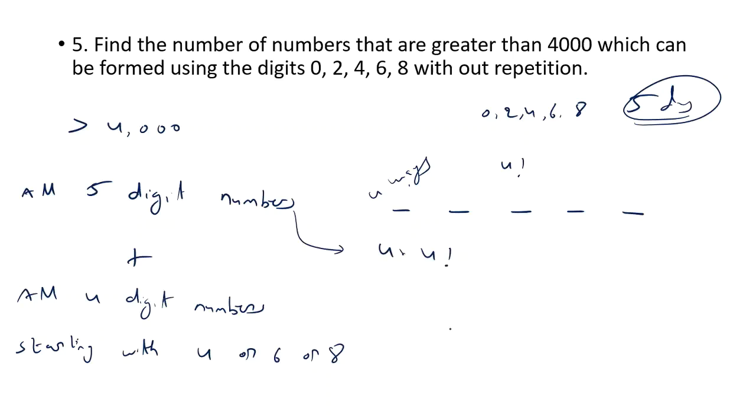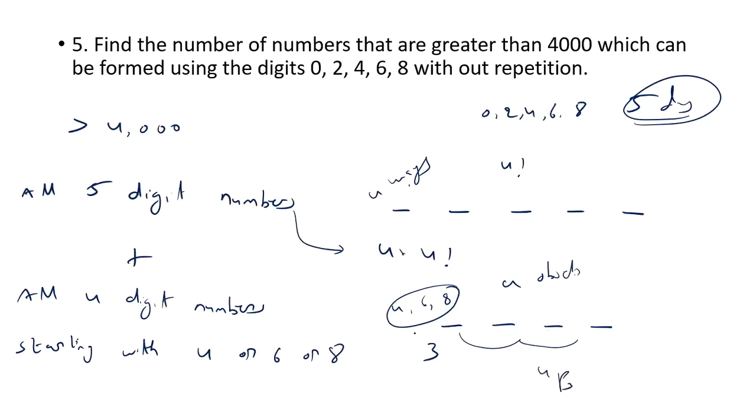Now how many 4-digit numbers are there which start with 4, with 6 and with 8? So I have to form 4-digit numbers with 4 places. I can fill the first blank with either 4 or 6 or 8. So in order to fill the first blank, I have 3 options. Once I fill the first blank with one of these, I will be left with 3 blanks and only 4 objects. So the number of ways of filling these 4 objects in these 3 blanks is equal to 4P3.